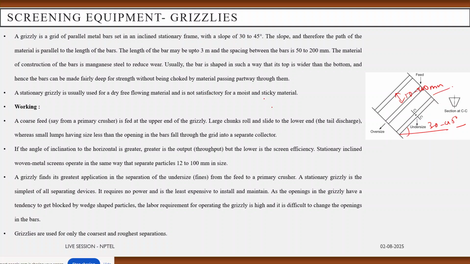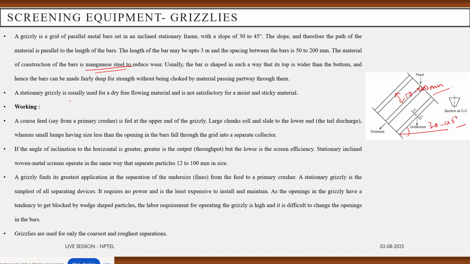The material of construction is very important for handling any kind of very abrasive material. The bars are made of manganese steel to reduce wear during the operation. Usually the bar is shaped in such a way that its top is wider and the bottom is quite narrow, and hence the bar can be made deep for strength without choking any material that is passing through the grizzly bar.